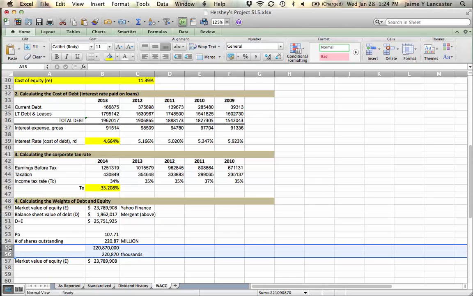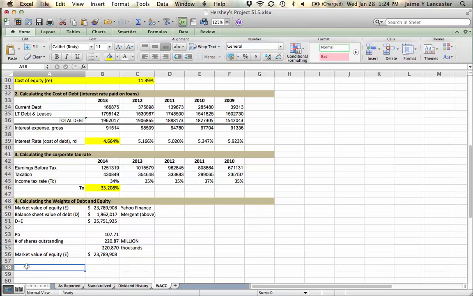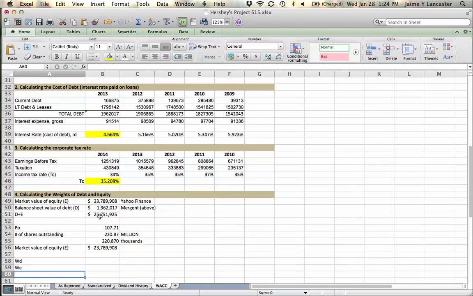Never mind. I'll delete this row because now I want to get the weight of debt and the weight of equity. So what percentage of these external funds is supplied by debt holders? That's the weight of debt. What percent of the external funds is supplied by equity holders? That's the weight of equity.